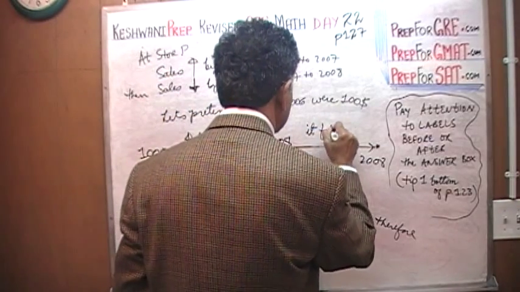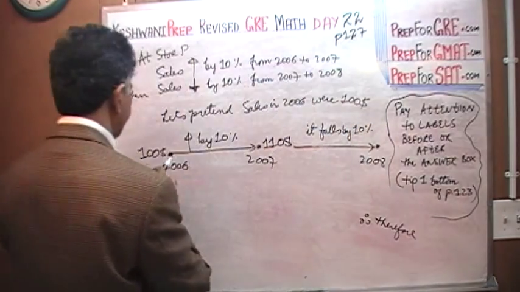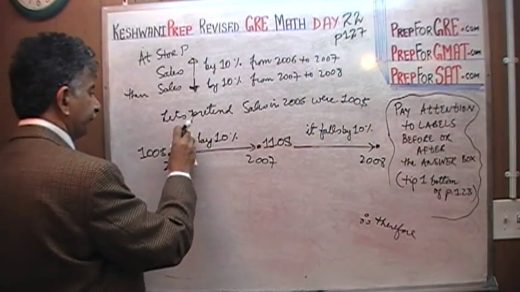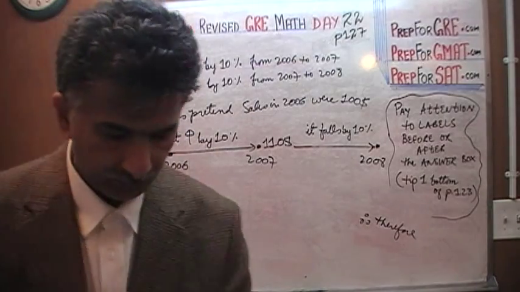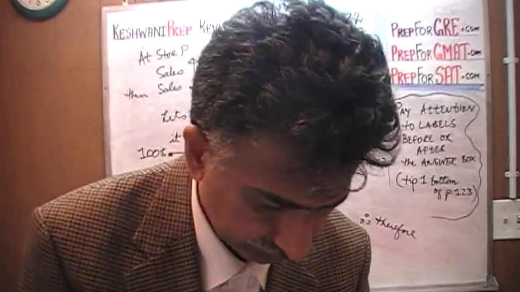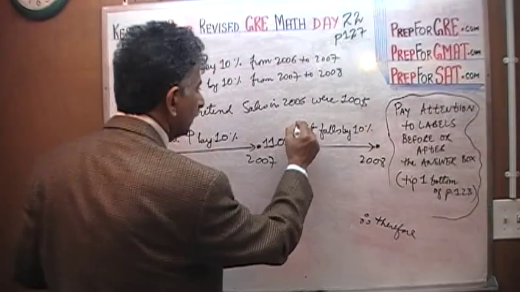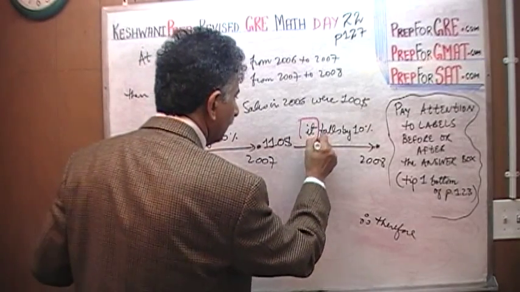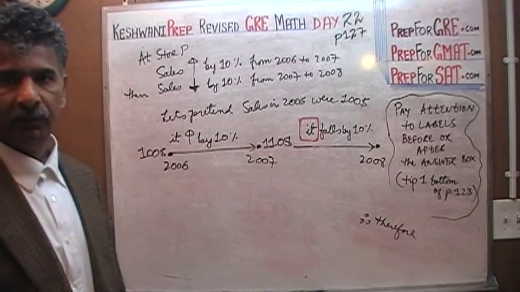It falls by 10%. What we need to understand here is, what does this pronoun "it" refer to?